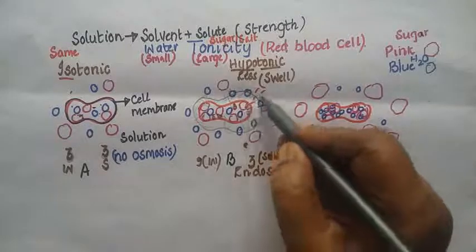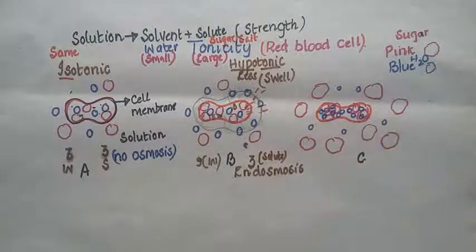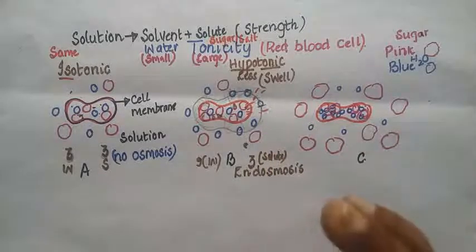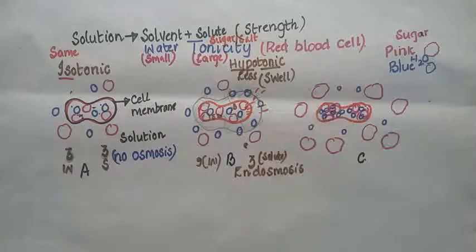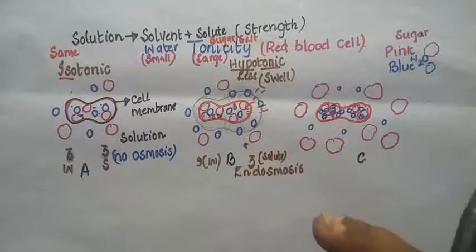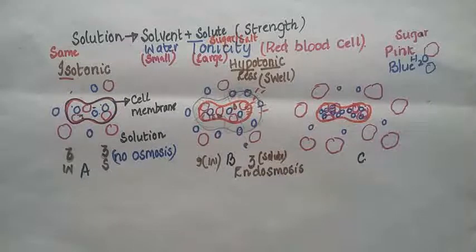Everything will be thrown out once it bulges after continuous inward endosmosis. When the cell membrane cannot hold any more water, when the pressure is so much, the cell membrane ruptures and all the cellular contents will be thrown out of the RBC.